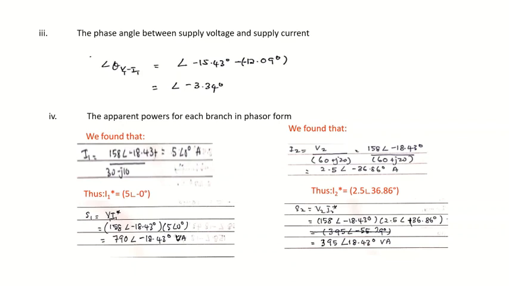So the conjugate of I2 will be 2.5 with plus 36.86 degree. The multiplication of your V2 and I2 conjugate will give you the apparent power equivalent to 395 with 18.43 degree VA.